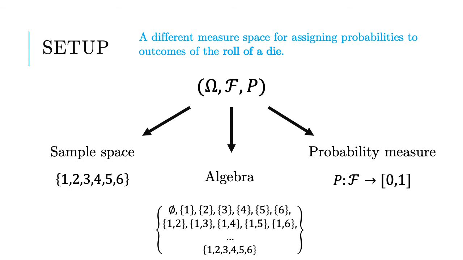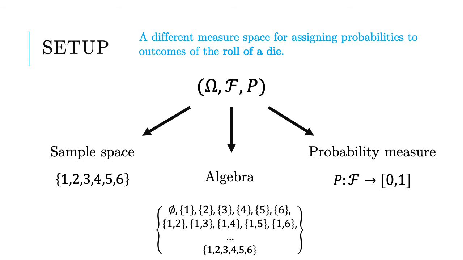So again, the event that nothing happens, the event that the die comes up 1 through 6, the event that the die came up either 1 or 2 or 3 or 4 and so on, the event that the die came up even or odd, all the way over to the tautological proposition, the event that the die came up some number, 1 through 6.